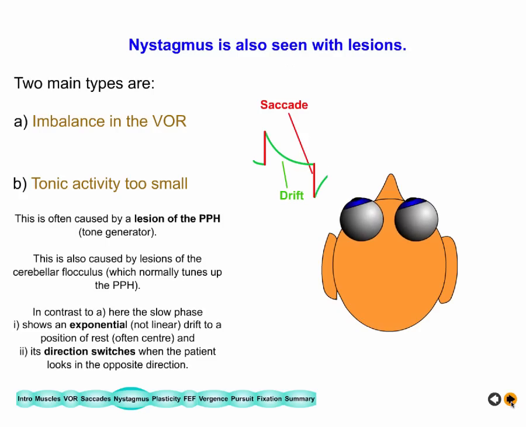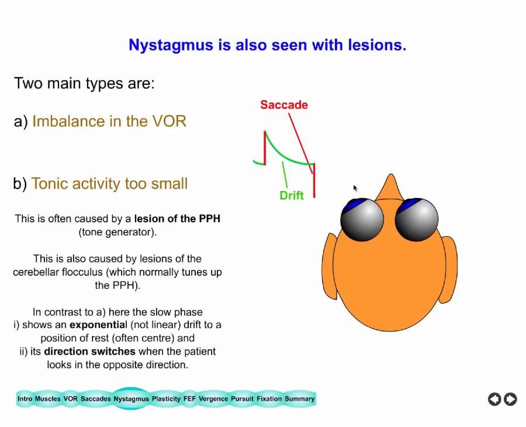This is, again, nystagmus, but it looks different. Here the eye is looking one direction, then the other direction. In each case, it's coming back to the center. And this is caused by the lesion, the PPH, the signal that holds the eye in this eccentric position.